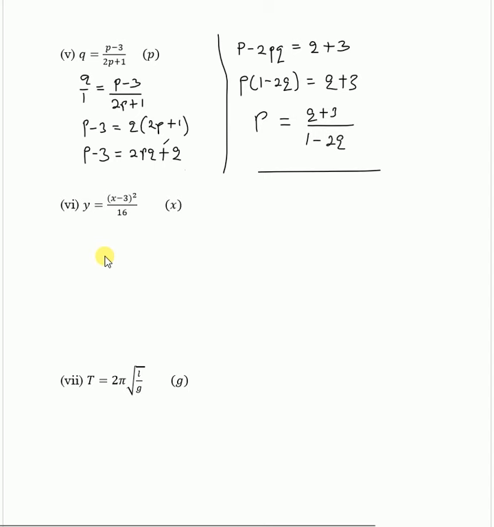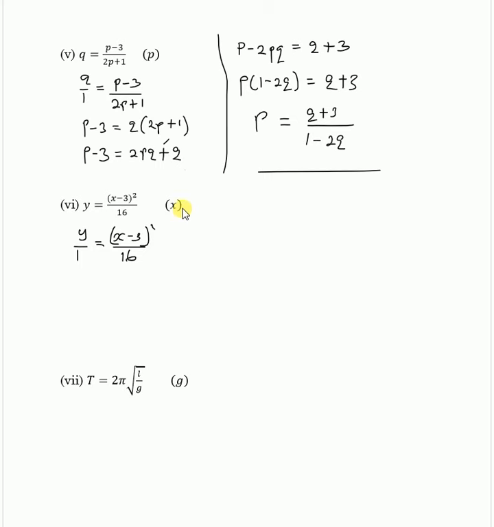Then this one, we can still have y over 1. Y over 1 is equal to x minus 3, the whole thing squared, divided by 16. After which we shall cross multiply.